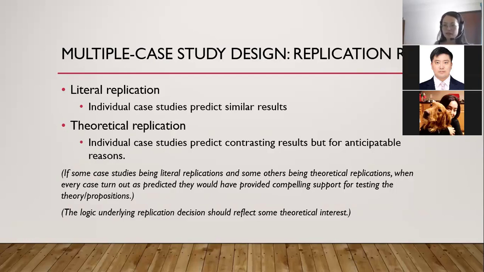And theoretical replication is where individual case studies predict contrasting results, but for anticipatable reasons. So one is the same or similar result, one is a different result. And usually I introduce these 2 replications as if they are separated, but in a lot of cases, they can be combined together. So I will give you an example.